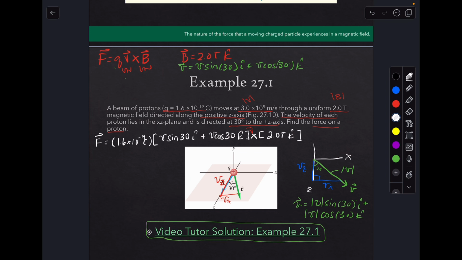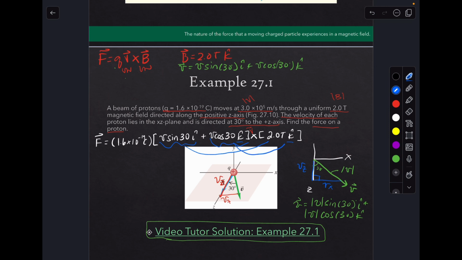Okay, so the rule for cross product is that same directions crossed with each other equals 0. Basically, what we're doing is just distributing, right? We're going to rewrite this as this cross this guy and then this cross this guy.